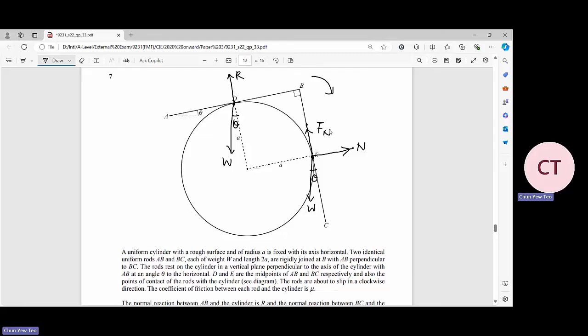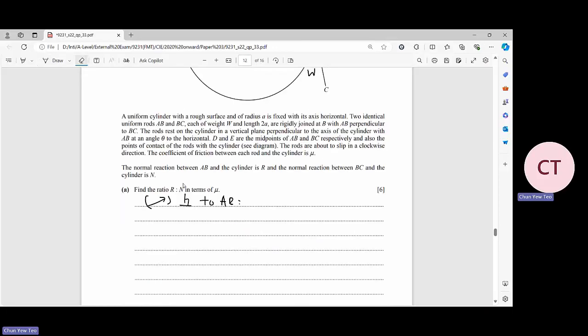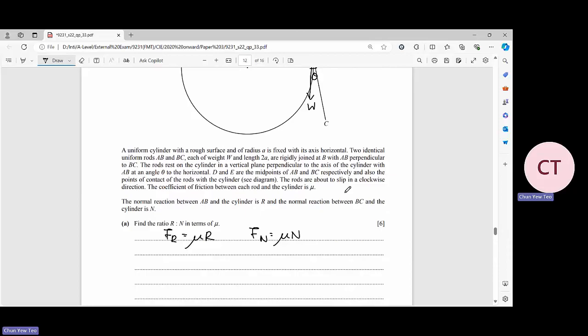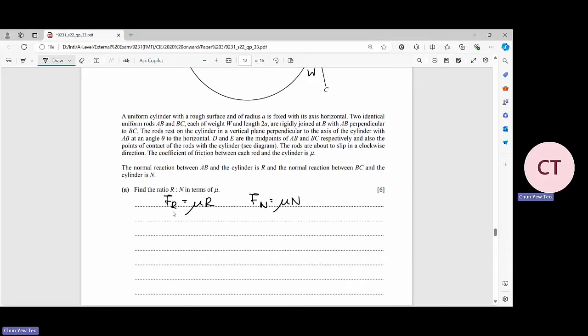This is Fn and this is Fr. Since they're about to slip, they are in limiting equilibrium, so Fr is equal to mu R and Fn is equal to mu N.